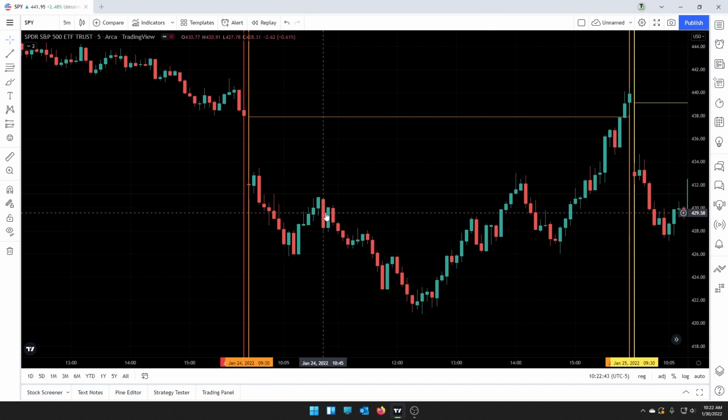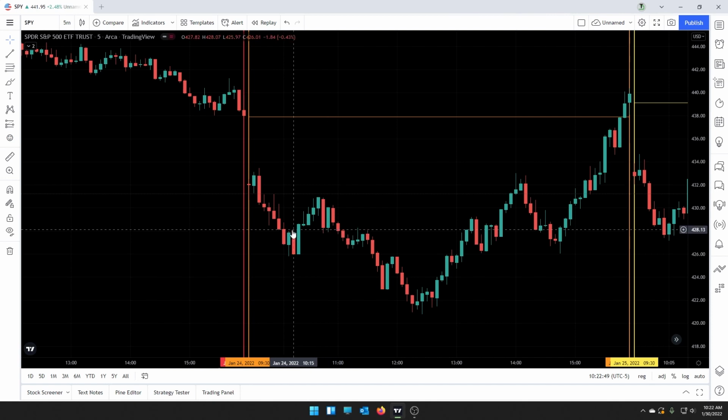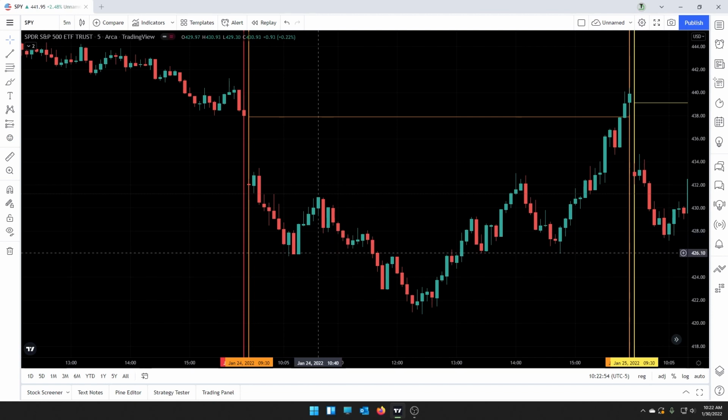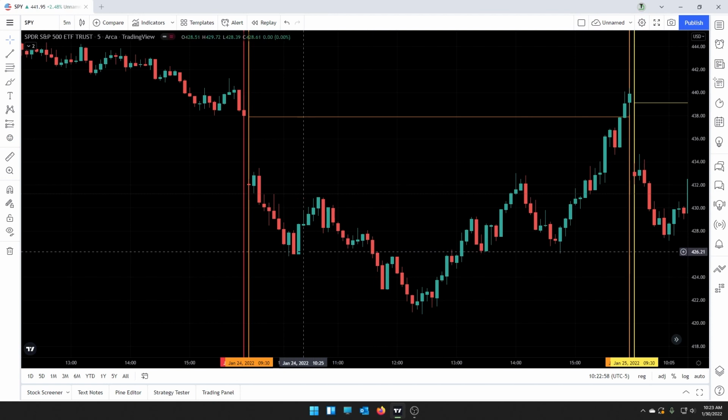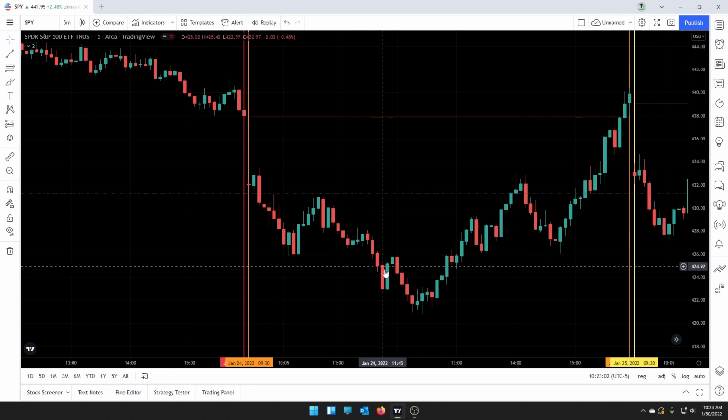But once you get this big red candle printing, you're going to want to cut once you break above these guys. And at the very worst case scenario, if we break below here, because it really depends on where you bought, at this point, there's no more support holding it up.